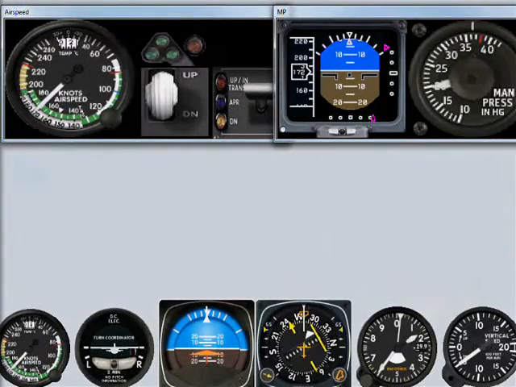Approaching 1,500 feet, we level off by returning to 0 degrees pitch attitude and 23 inches of manifold pressure.